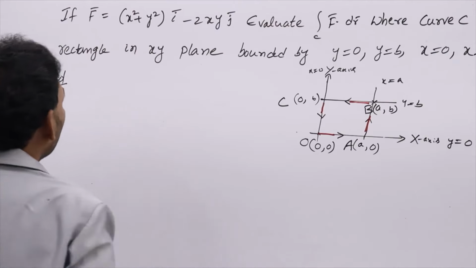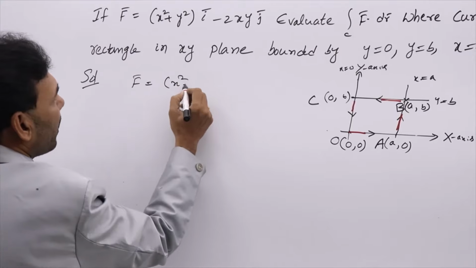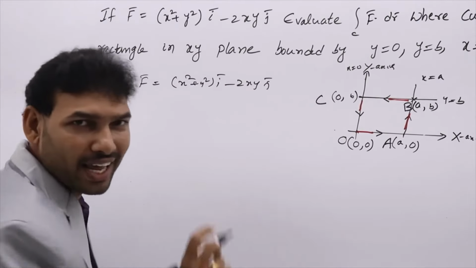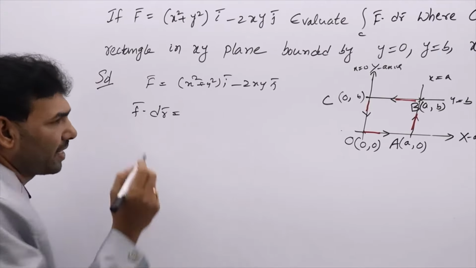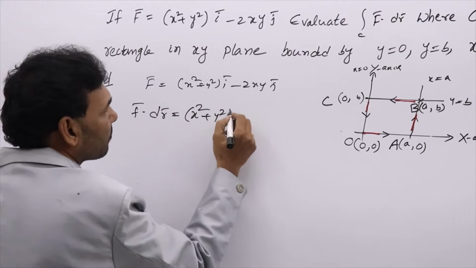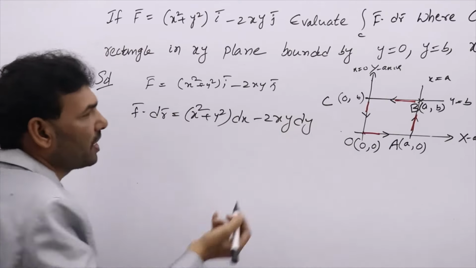First, as I said earlier, the given f bar is (x square plus y square) i bar minus 2xy j bar. You can write f bar dot dr bar directly by replacing i with dx and j with dy, a very short cut.